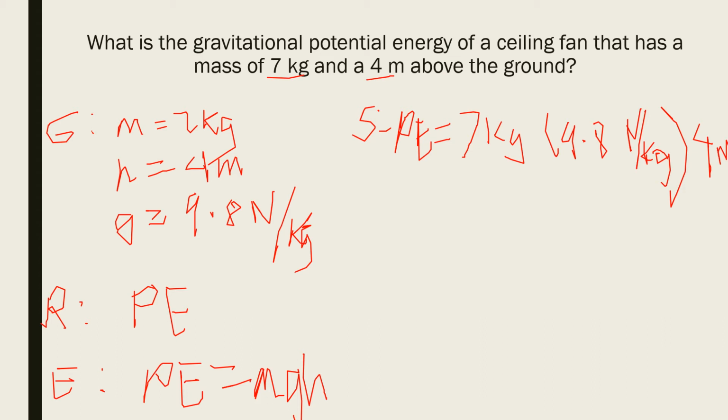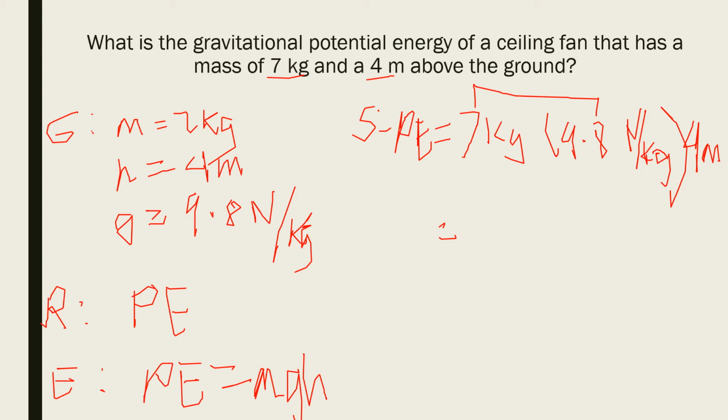I'm going to erase it again to make it clear for you kids. So we have here 4 meter. First thing you're going to do is multiply the mass and the acceleration due to gravity.